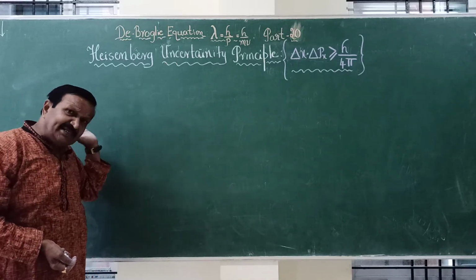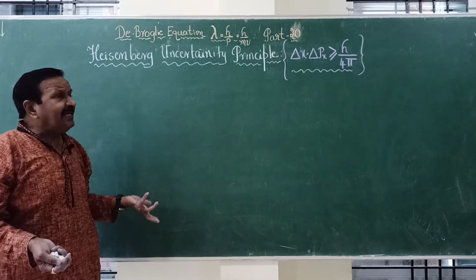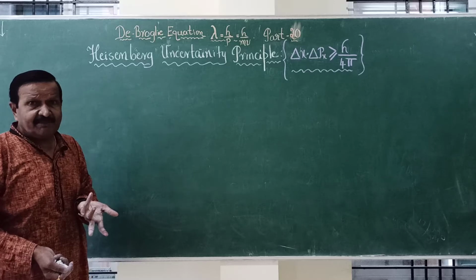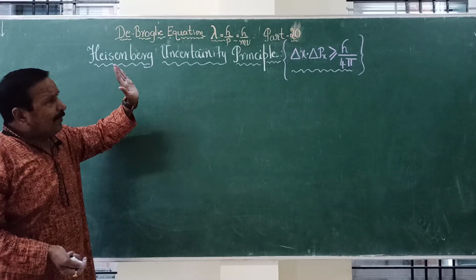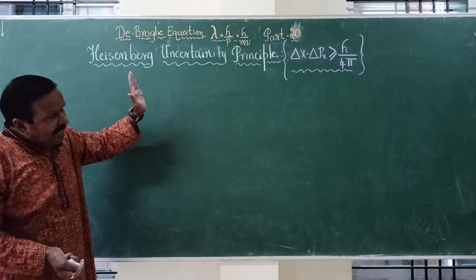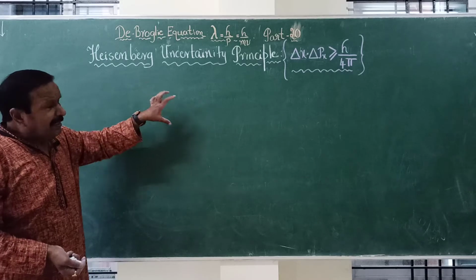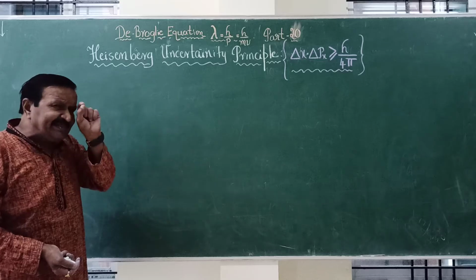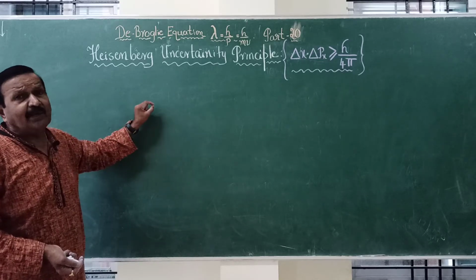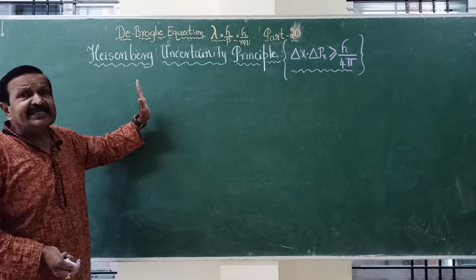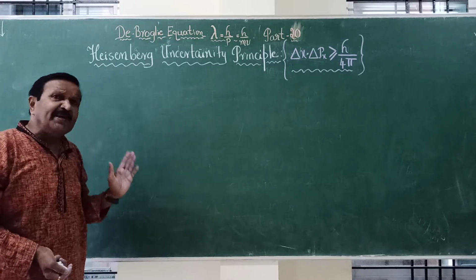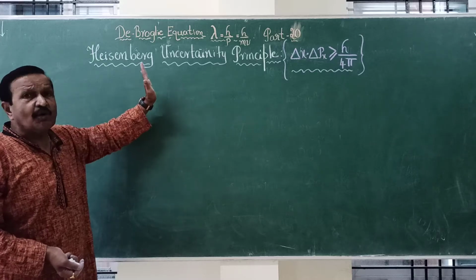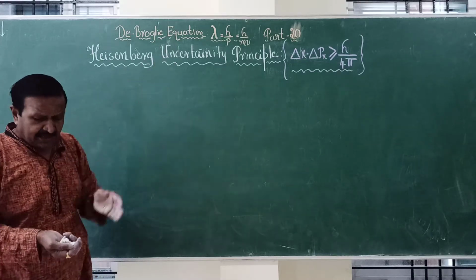If the bus is moving, we cannot tell details about that portion, we can only see the velocity. So he said the exact position and exact velocity of anything cannot be determined at the same time.